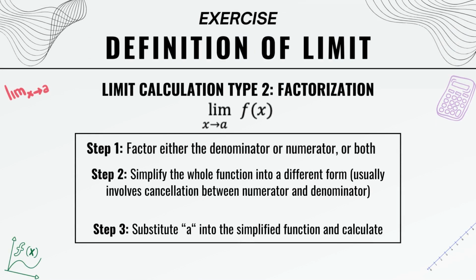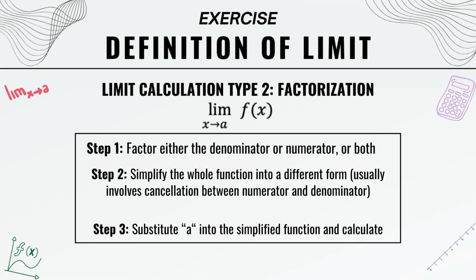The second type will be a little harder because it requires an additional step, factoring. Some functions require this extra step because if we try to just substitute, the limit will not be defined like the previous type, but rather in an indeterminate form.